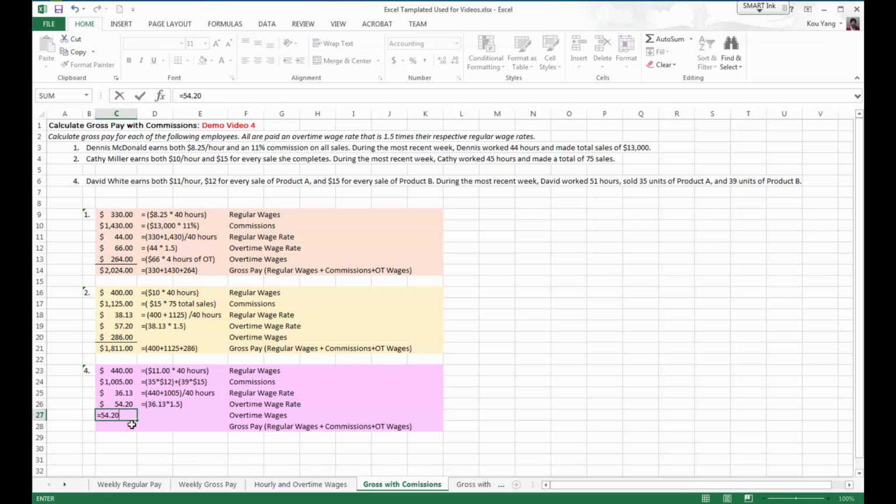He worked a total of 11 overtime hours. That's going to get an overtime wages of $596.20. So this is my formula here, by 11 OT hours.